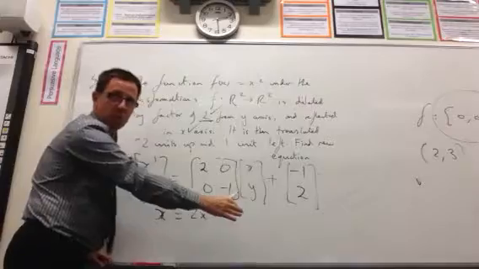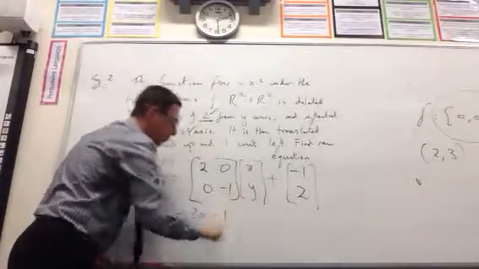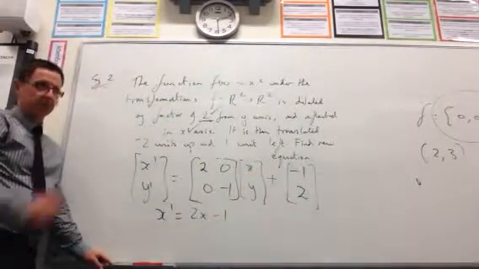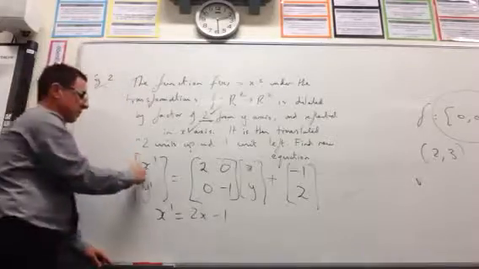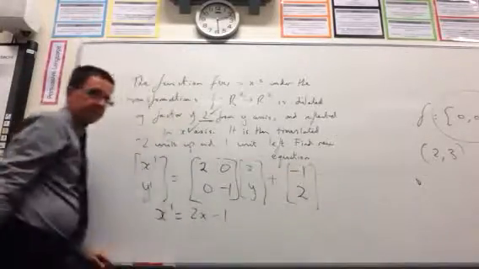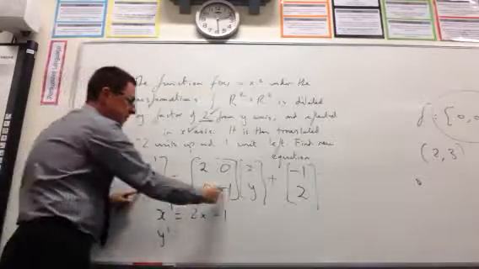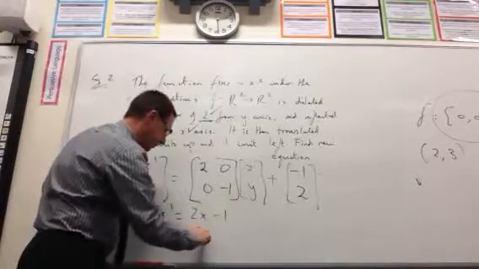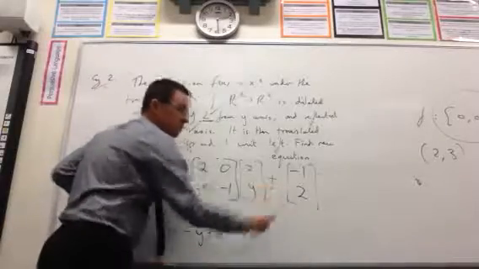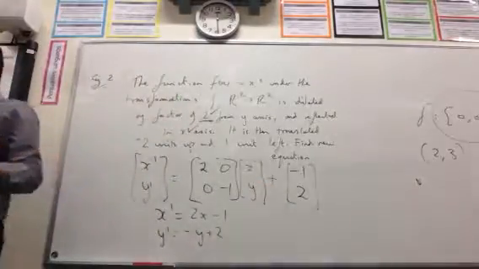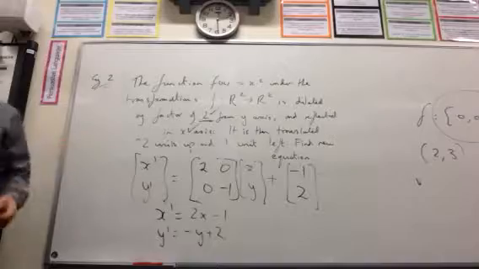You know there's no y, -1. Literally read the sentence. y dash equals, read the sentence, -y plus 2. So I've read across and copied out the sentence.